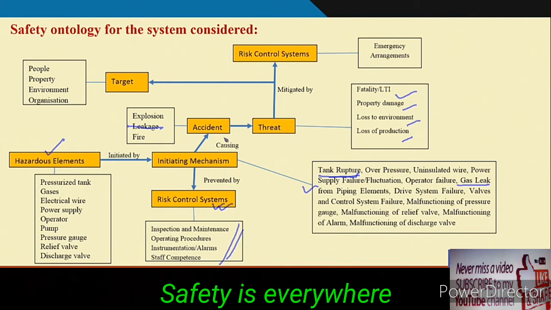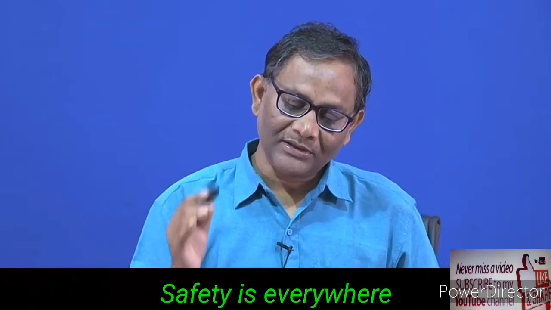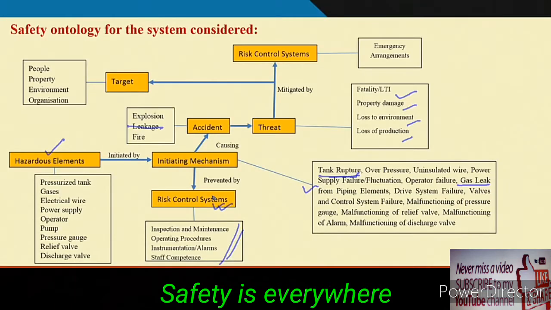So, that means it is a very flexible boundary. So, initiating mechanism, the last one, sometimes we are telling that it is the accident, but whatever may be the way, please keep in mind that when something undesired happens and ultimately it has threat to the target, then that one will be talked about as accident, the end state of the hazard actuation.